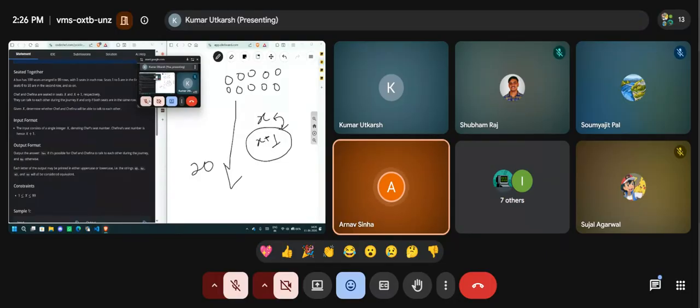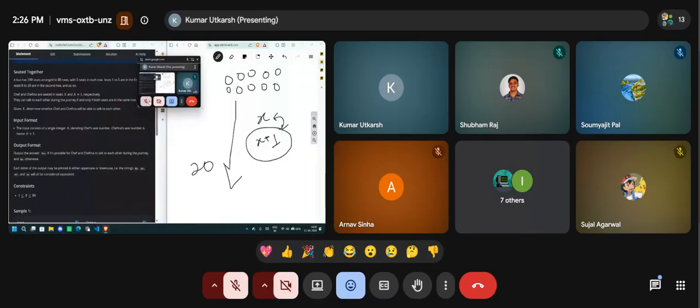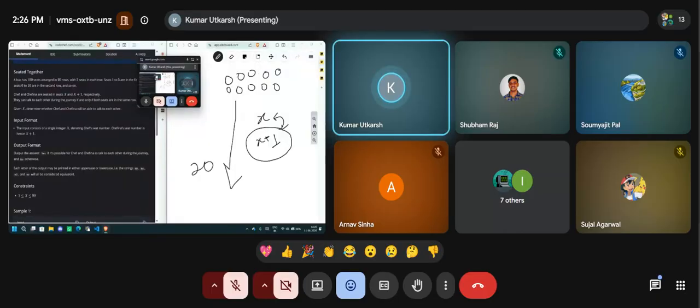That was pretty easy. X will be able to talk with X plus one, and this only happens when it's not a multiple of 5. So this was a pretty simple question: we check if X mod 5 is equal to 0, then we say no, else yes.